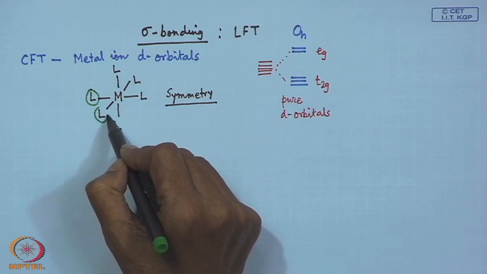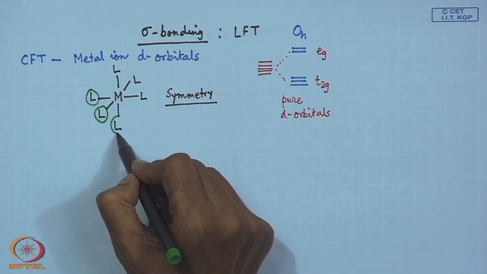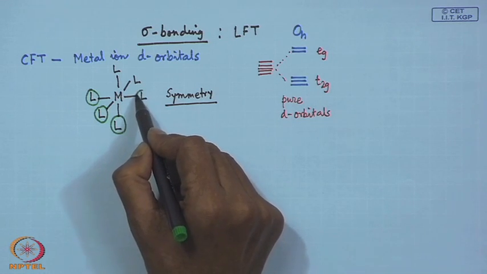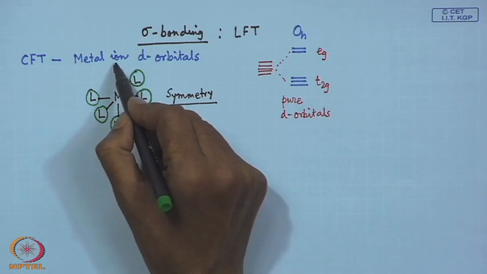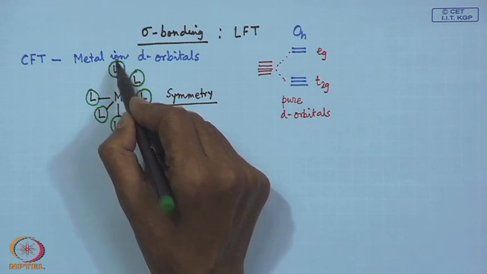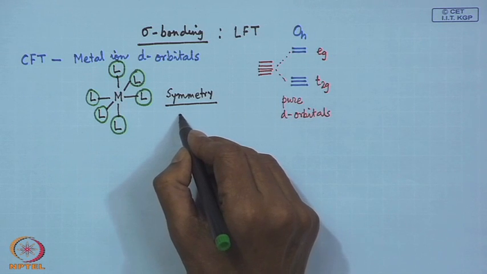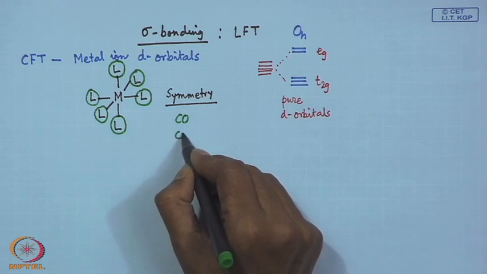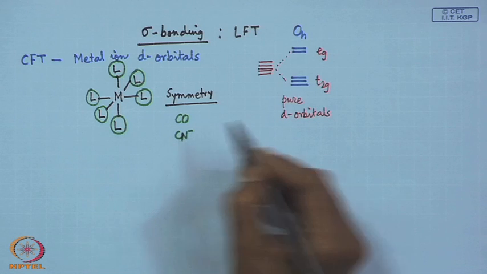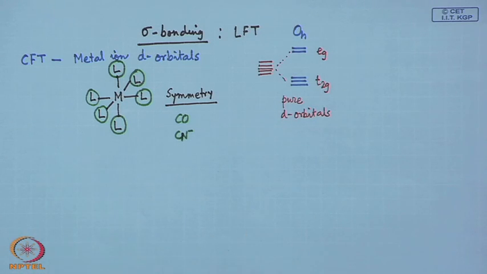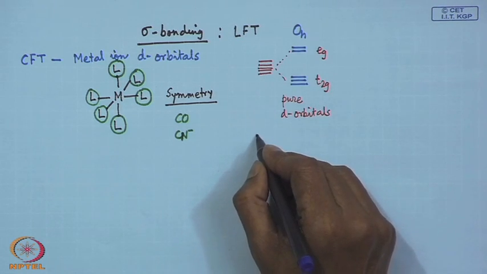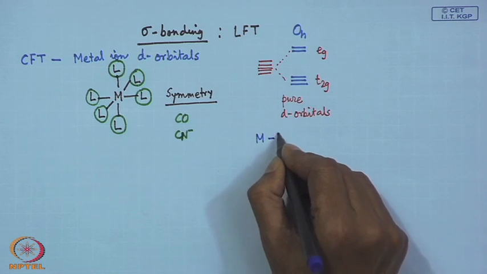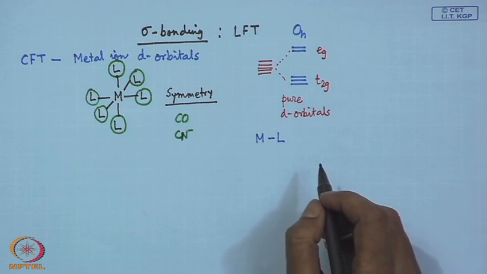But this is not everything, because this cannot explain nicely the corresponding position of the ligands in the spectrochemical series, such as carbon monoxide or CN minus. So to know the position of these ligands in the spectrochemical series, we have to consider that we must have some interaction between metal and ligand.